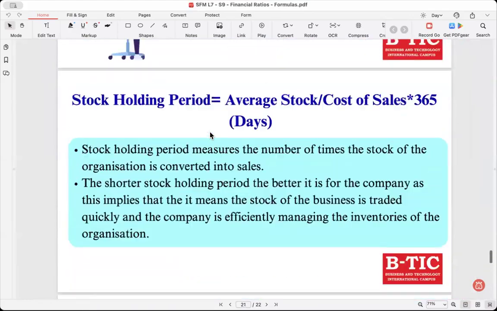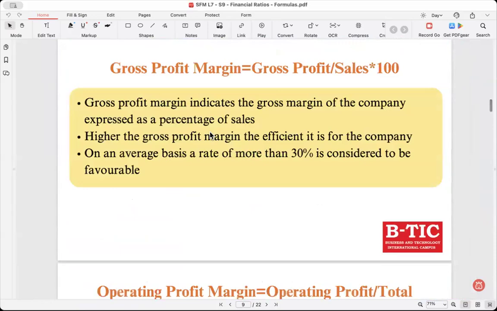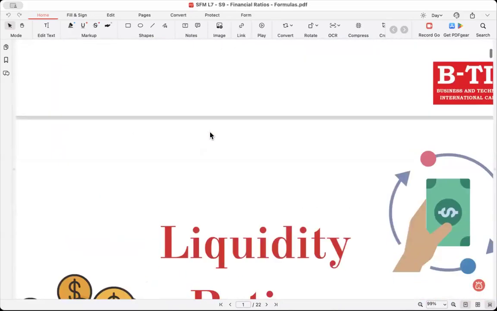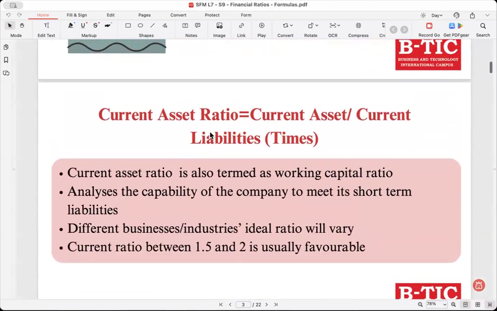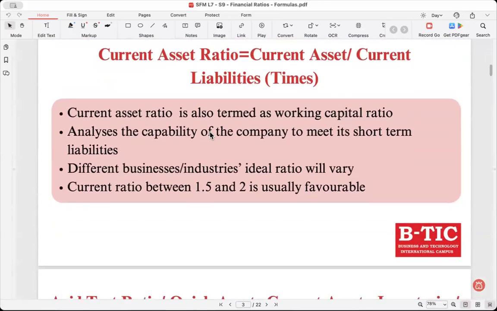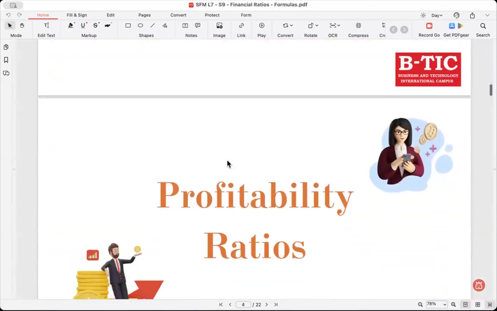Let's go through a quick revision of all the formulas that we learned today. We learned the formulas under 5 categories, which is liquidity ratio. We learned about current asset ratio and quick asset ratio. They're very similar to each other, except that the quick asset ratio removes the inventories from the current assets.